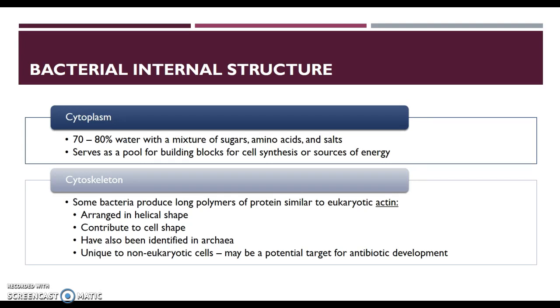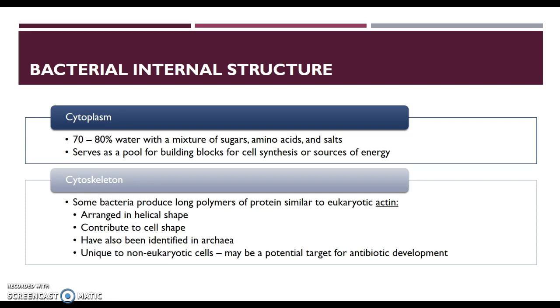The cytoskeleton is also an important component of the internal cell structure, and it helps to create and maintain the cell's shape. Some bacteria produce very long polymers of protein that are similar to eukaryotic actin filaments that compose their cytoskeleton.